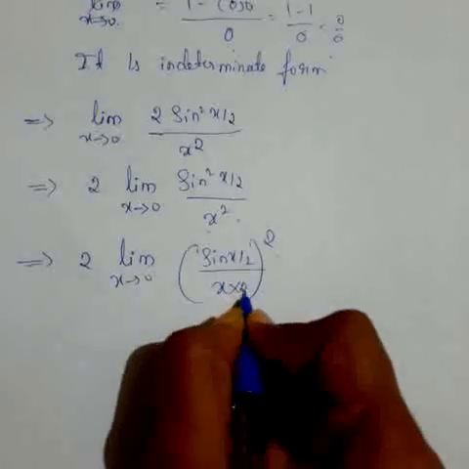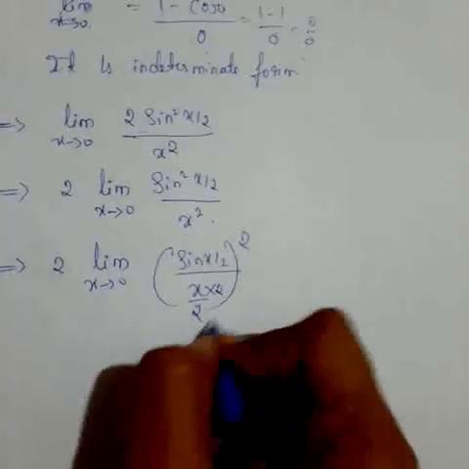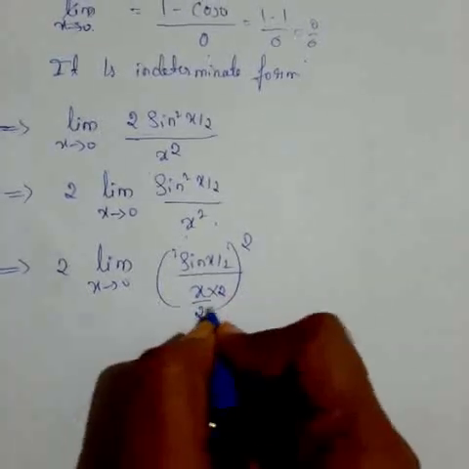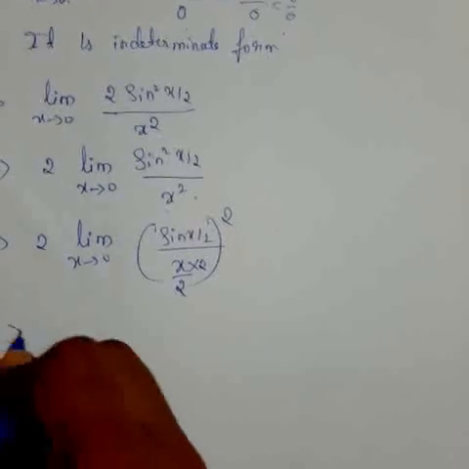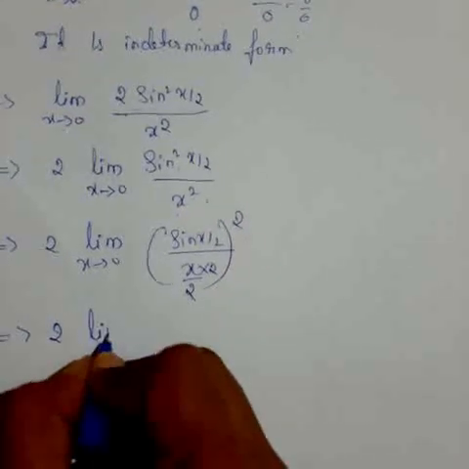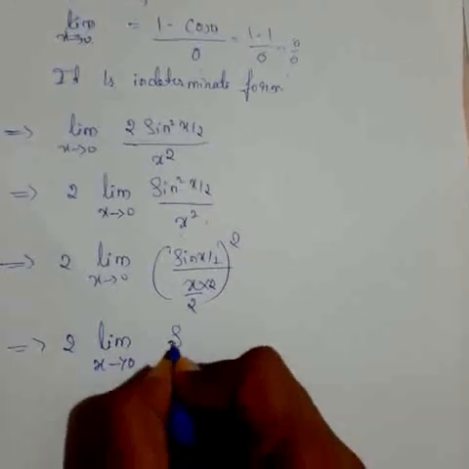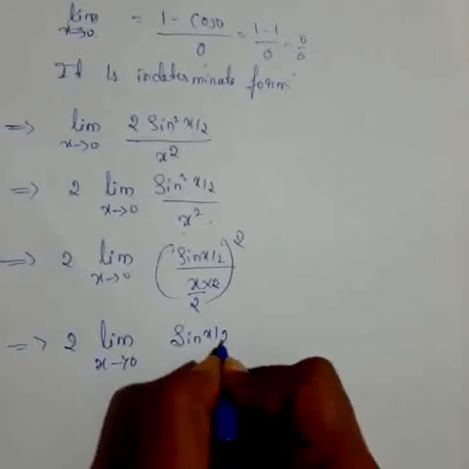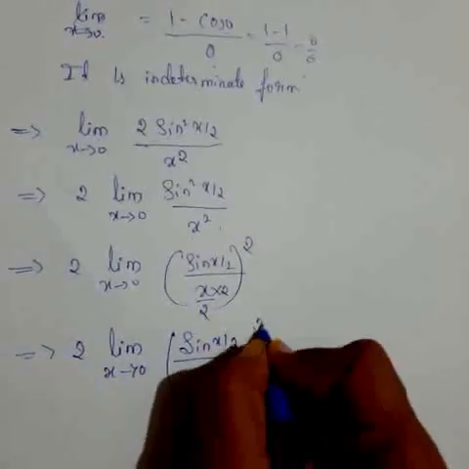So multiply by 2 and divide by 2 in the denominator. Multiply 2 and divide by 2, then it is balanced. Now see here, this 2 is as it is, limit x tends to 0, sine x by 2 divided by x by 2, whole square.